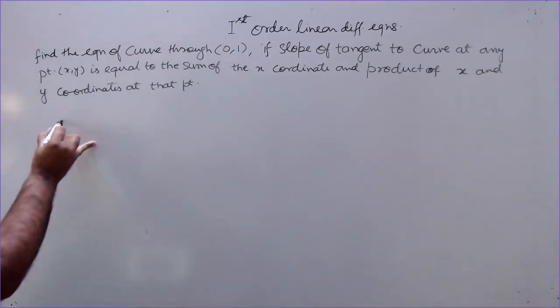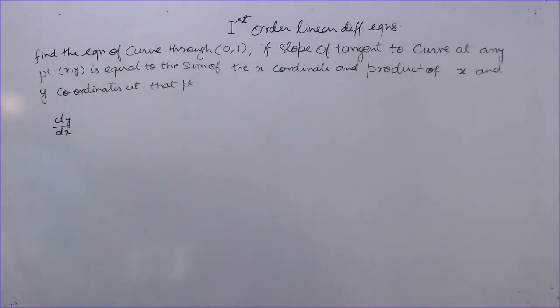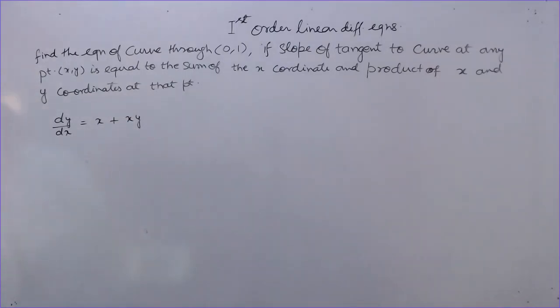So at any point the slope of tangent is dy by dx at any point xy, equal to the sum of x coordinate and product of x and y coordinates.